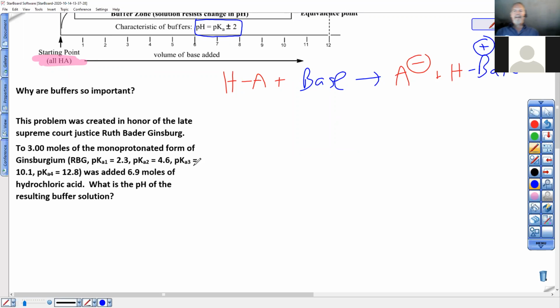Okay? Enzymes are in a broader category of molecules called proteins. Proteins, the most important thing about proteins is their shape. Their shape is very sensitive to things like intramolecular hydrogen bonding.